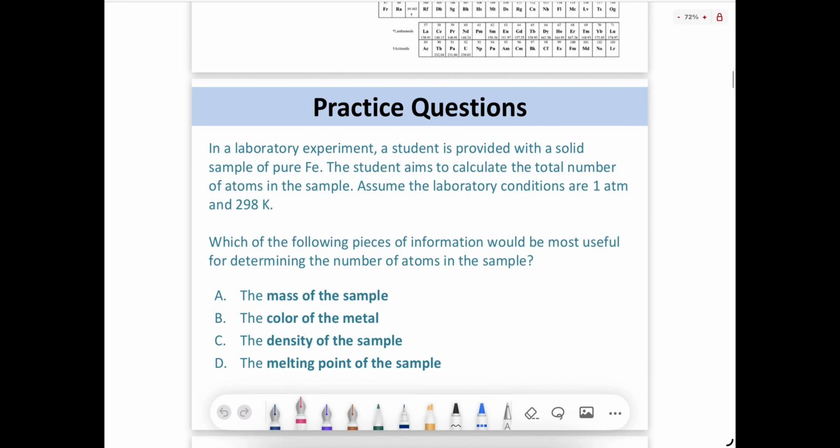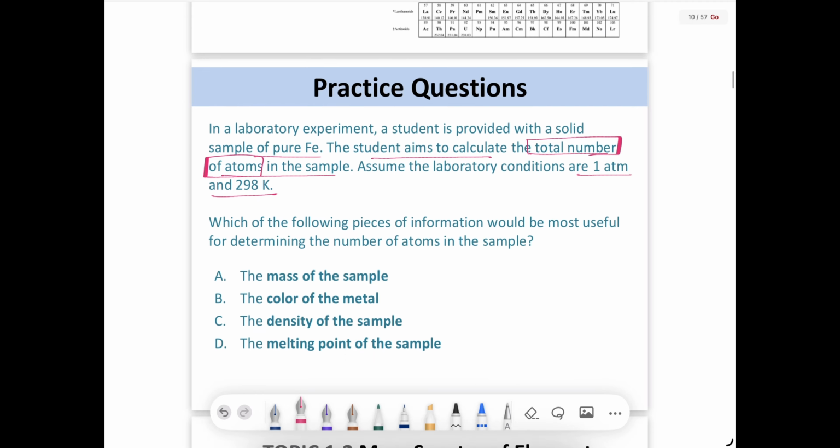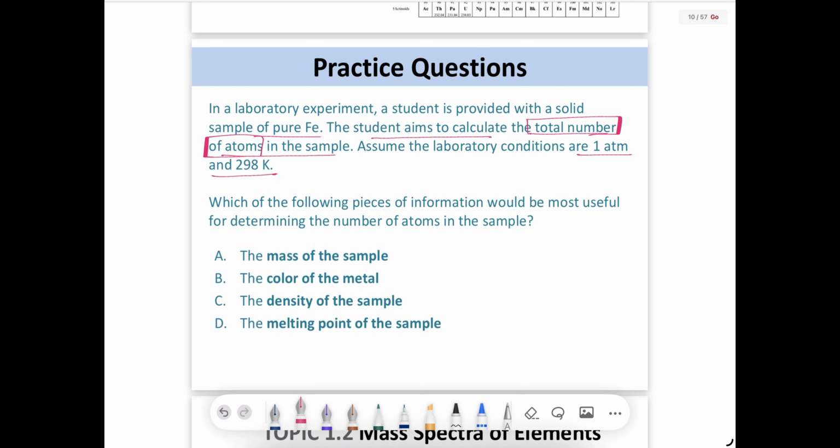Next question. In a laboratory experiment, a student is provided with a solid sample of pure iron. The student aims to calculate the total number of atoms in the sample. So you have to find the total number of atoms in the sample. Assume the laboratory conditions are 1 atmosphere and 298 Kelvin. Which of the following pieces of information would be most useful to determine the number of atoms?